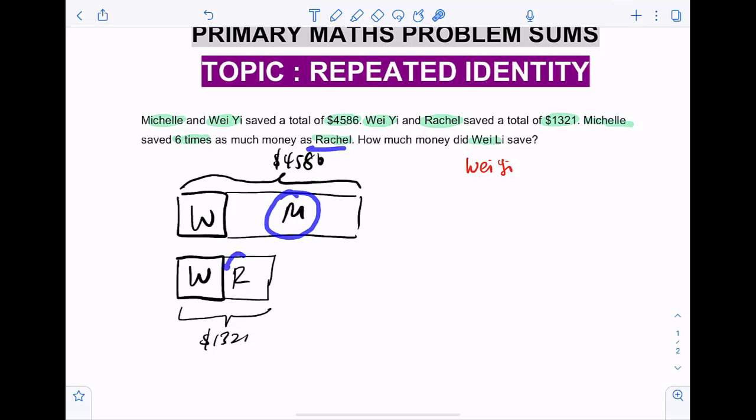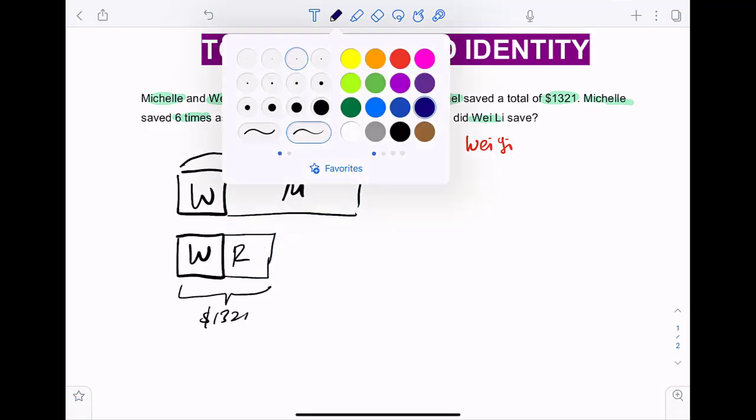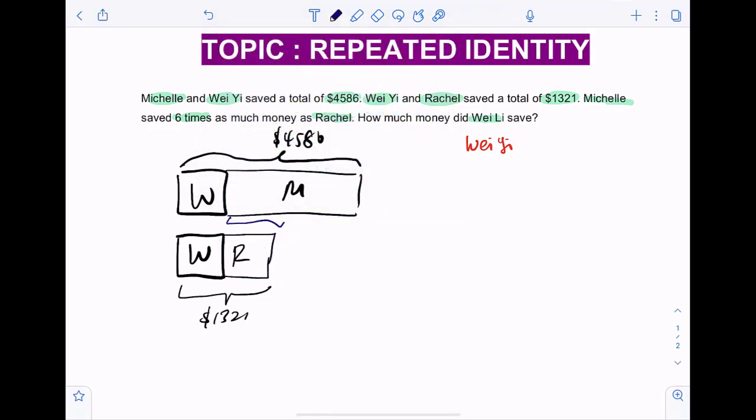Michelle saved 6 times as much as Rachel. So this is 6 units, and Rachel over here is just 1 unit.